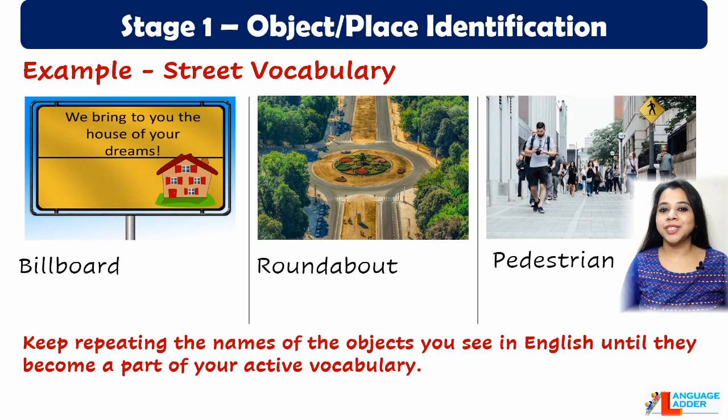Stage 1. Object identification. Sometimes some of the most simple strategies prove to be most effective. So start with this simple method. Keep looking at things around you wherever you are and try to think of what they are called in English. For example, if you are walking on the street, take notice of the things, objects or people around you and tell yourself what they are called in English.